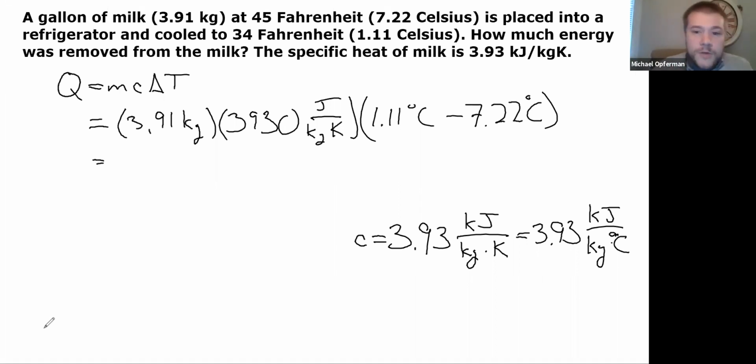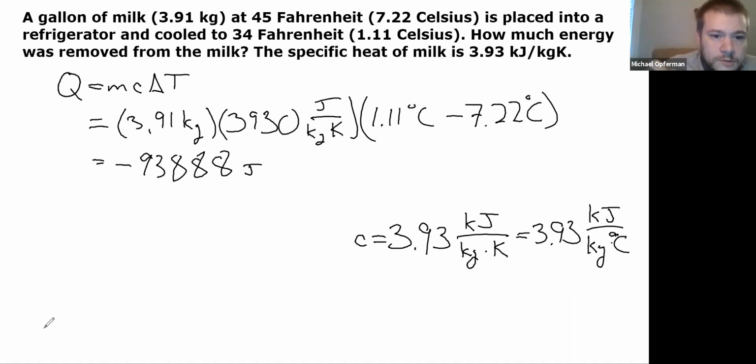So if I crunch these numbers, I've got 1.11 minus 7.22, and then multiply that by 3930, multiply that by 3.91, and I get minus 93,888 joules, which I just wanted to write out longhand to emphasize.